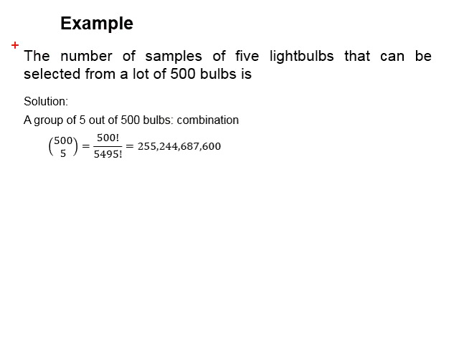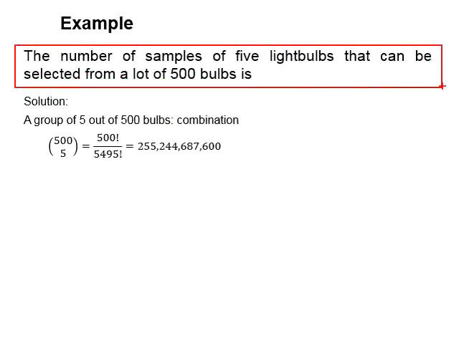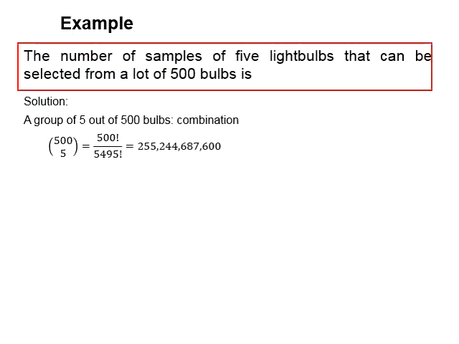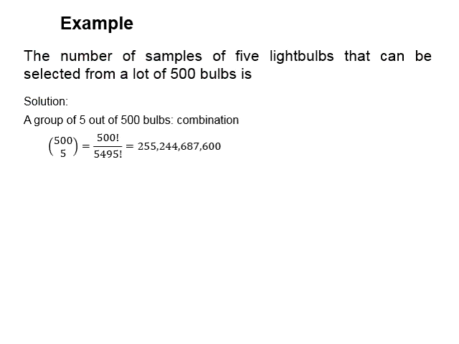Next, you need to determine whether repetition is allowed. Based on the nature of the work here, you are actually taking a sample out of those 500 bulbs. Taking a bulb to be repeatedly tested 5 times will not reflect the condition of the defective light bulbs out of the pipeline.